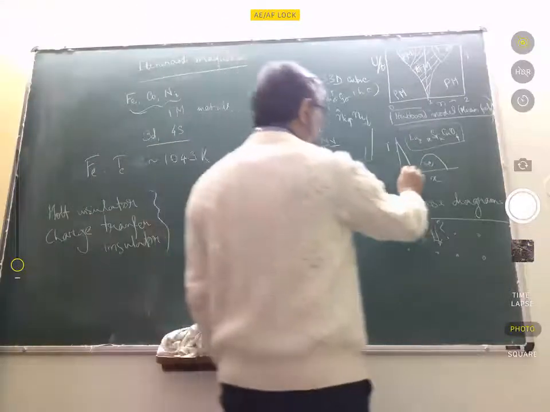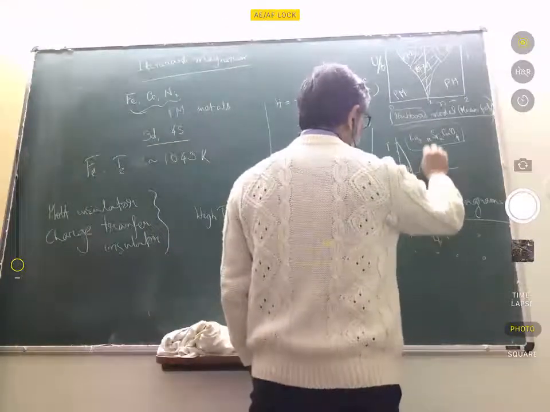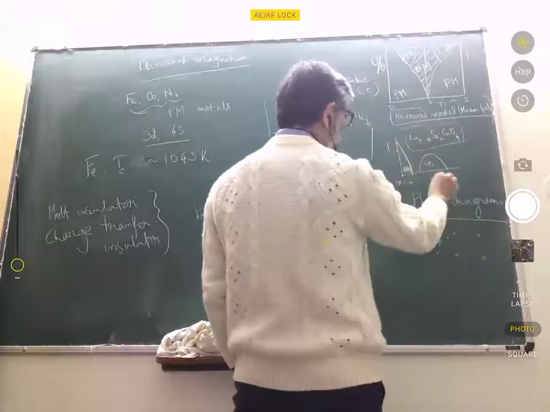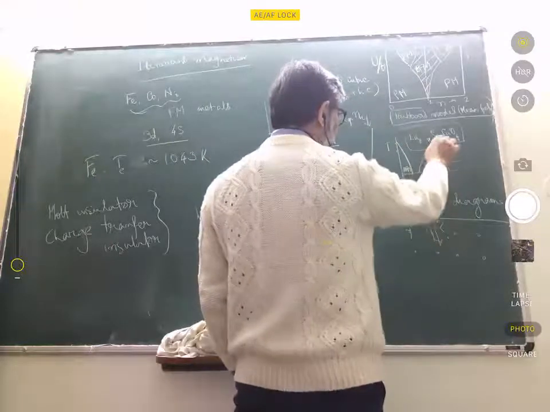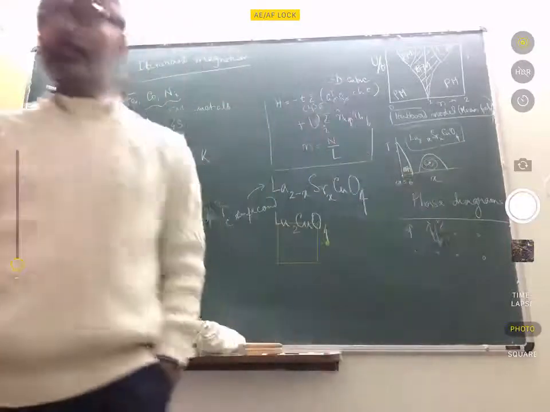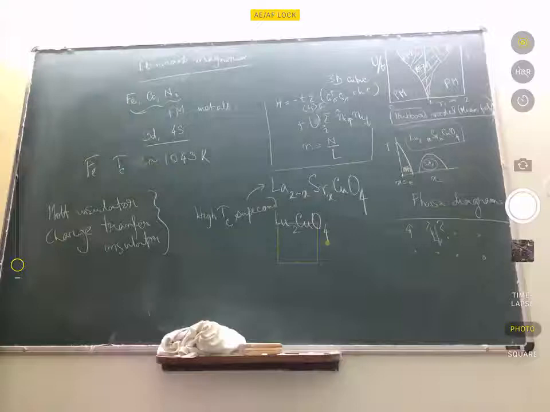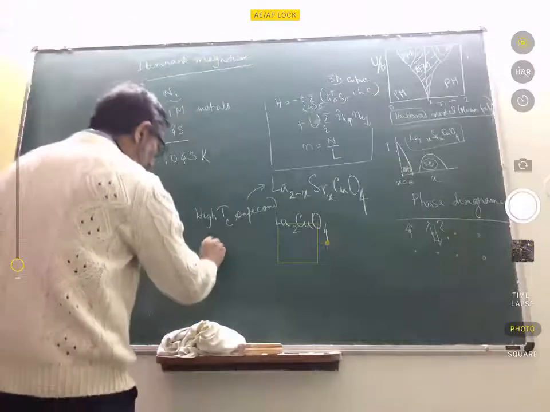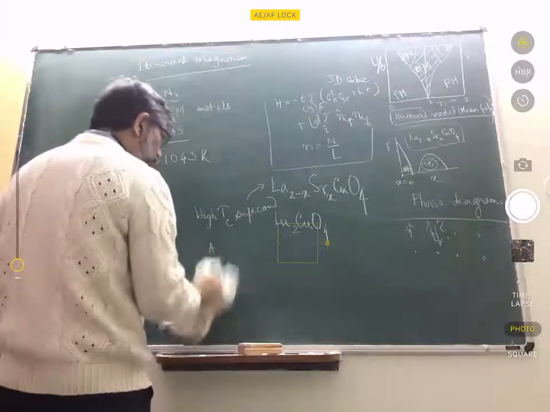And when you increase X beyond a certain value, below a certain temperature, so this is the temperature axis, this is the X axis, the amount of doping, you get a superconducting state. So it was also hoped, and what was the hope?